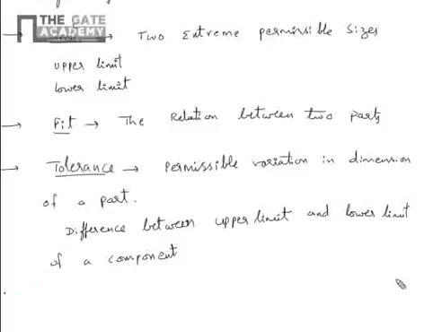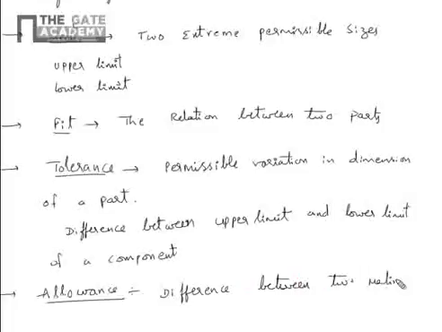Next is allowance. What is allowance? The difference between two mating parts is allowance. Suppose I insert a bolt into a nut, the gap between them is called allowance.